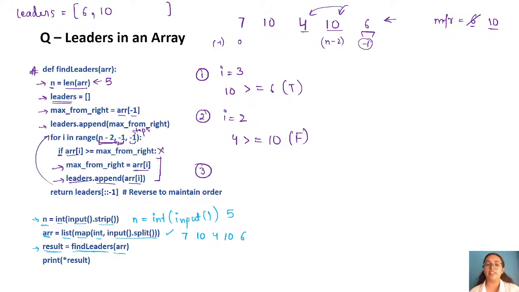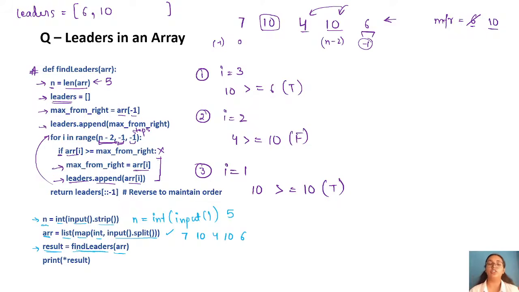Now when we move to the next for loop, that is the third loop, I will move to 1, and again what is the value at 1? That is 10, right? Is my 10 greater than or equal to 10? Is the condition true? Yes, the condition is true. So again we can say this new 10 is again a leader.